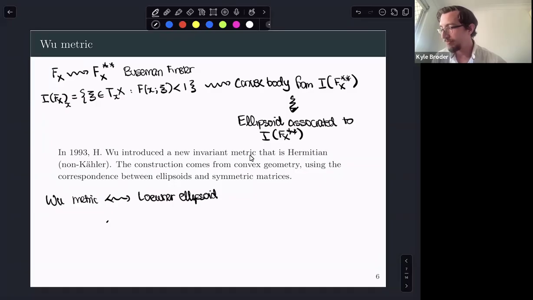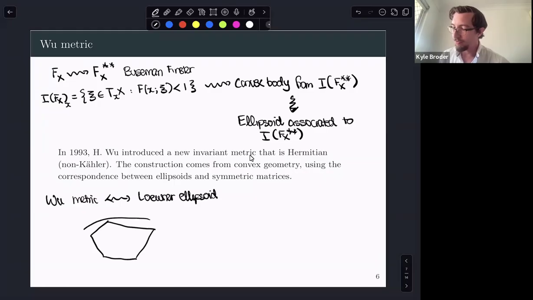Let me draw some terrible picture that's probably not even convex. Then I form an ellipsoid containing this convex body, but I minimize the volume. And then we do this at each point, and that will give a Hermitian matrix at each point.